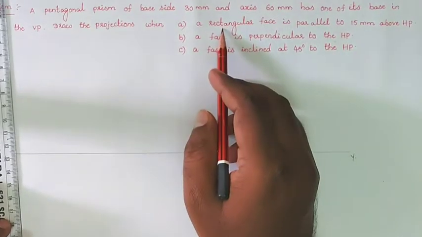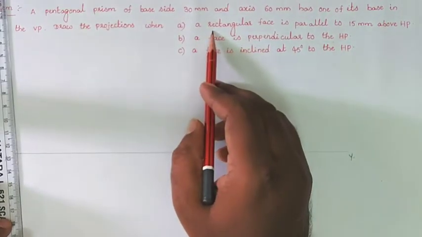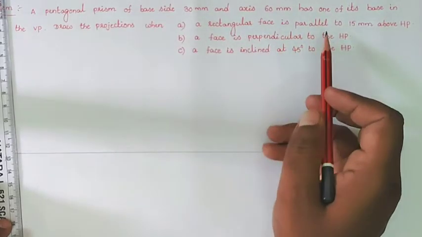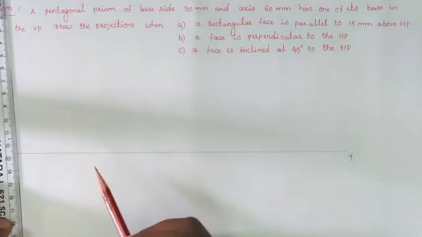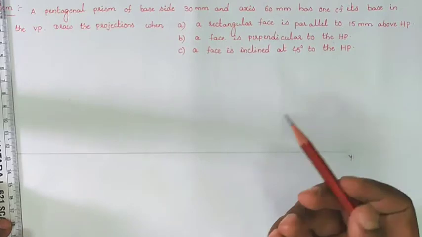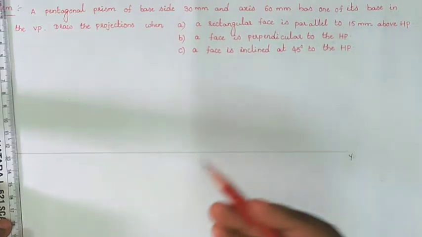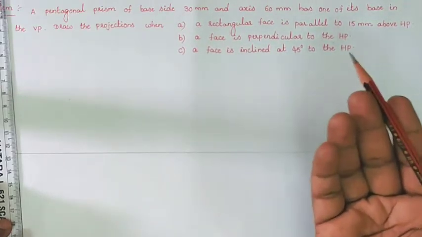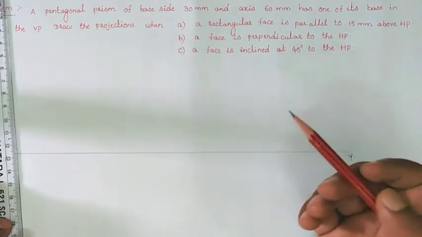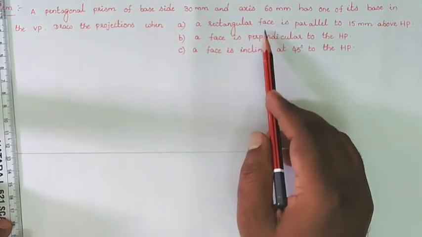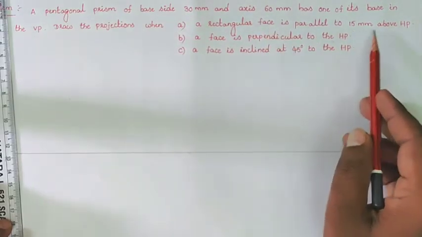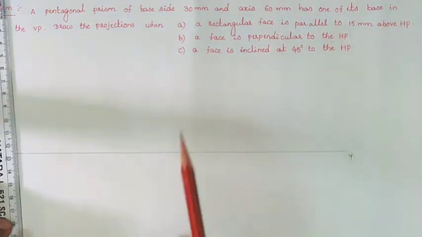How will we draw the base? Here they are giving, for drawing the base, a rectangular face parallel to HP, 15 mm above HP. How will we draw the rectangular face? Draw the face of that side parallel to HP, 15 mm above HP, as the front view.